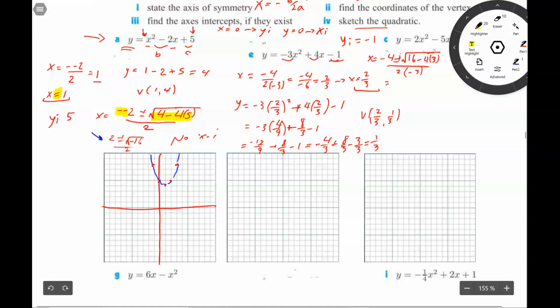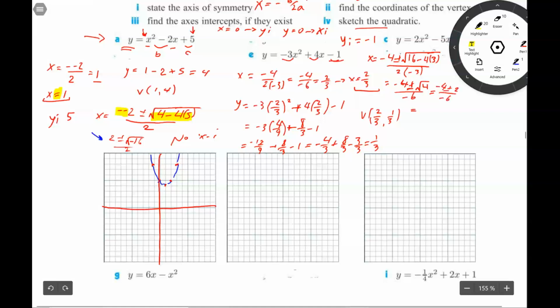So that leaves us with -4 plus or minus the square root of 16 minus 12, which is going to be square root of 4, divided by -6. So that would be -4 plus or minus 2 divided by -6.